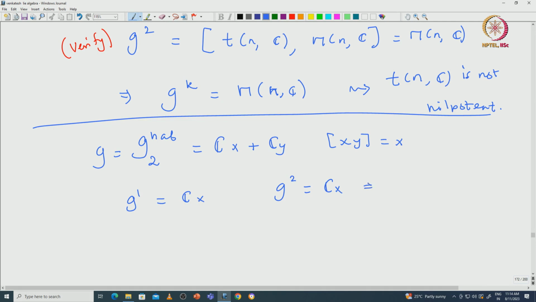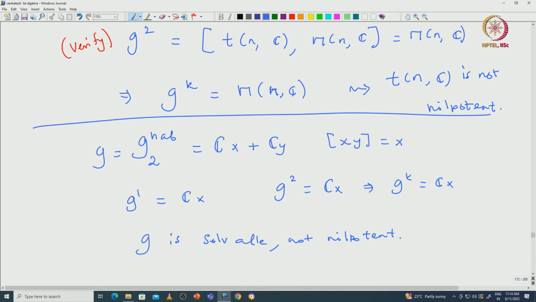So, this implies G k is again one dimensional. In particular, the lower central series will never go down strictly. So, that means G is not nilpotent, but we have already verified G is solvable. So, G is solvable but not nilpotent.